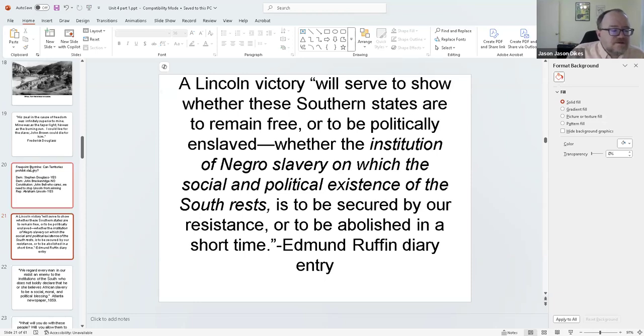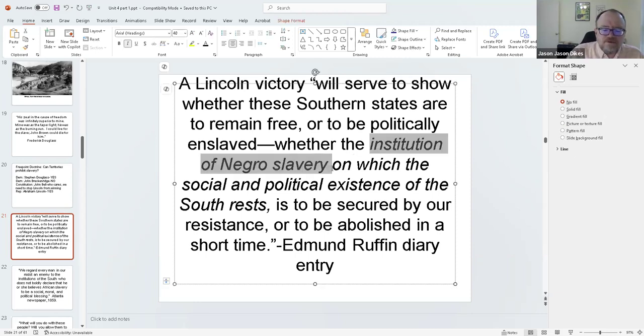Again, Southerners were afraid of a Lincoln victory, and I'd like to point this quote out to people who say, you know, slavery wasn't the point.